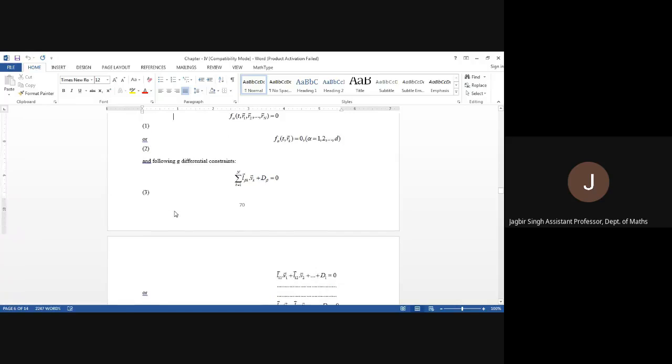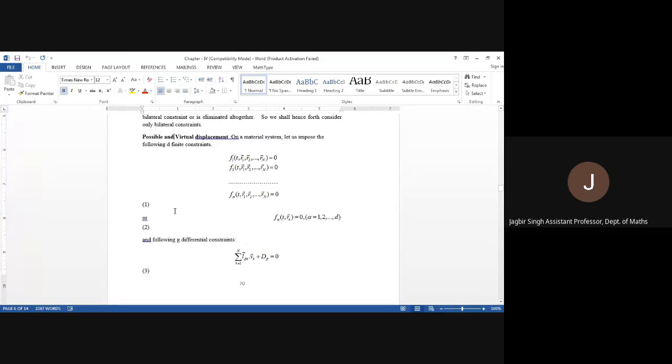Now we are moving towards one more important topic, the possible and virtual displacement. Shall we leave it today or should we finish it?